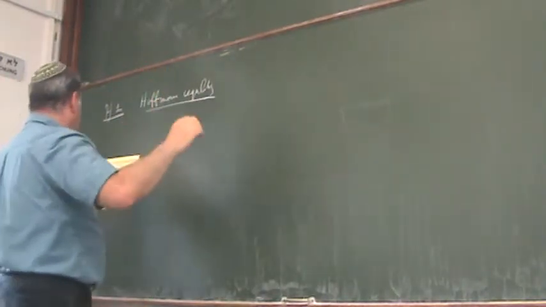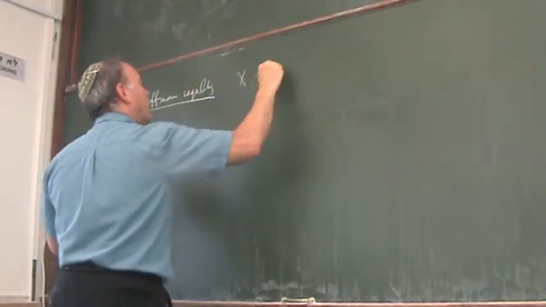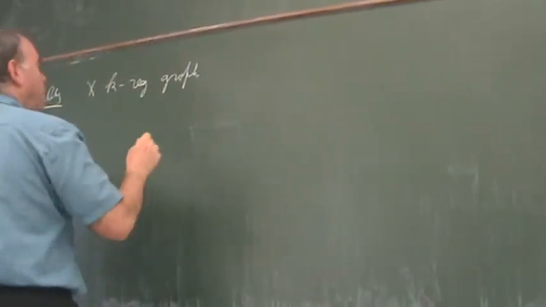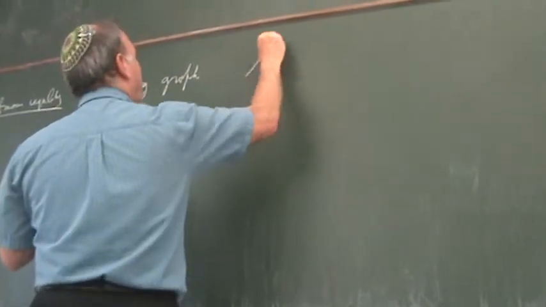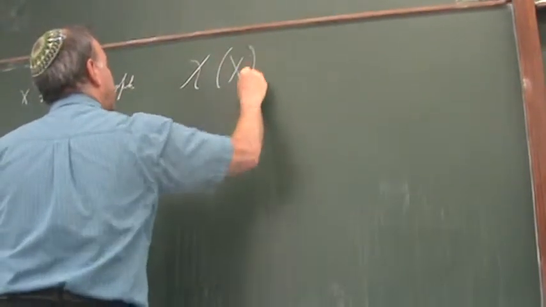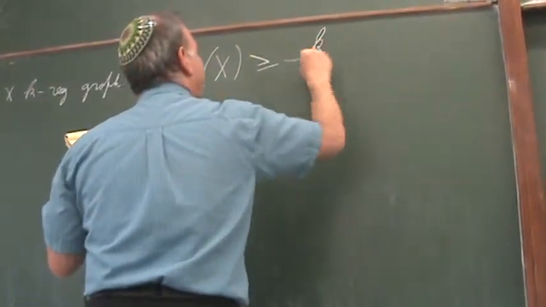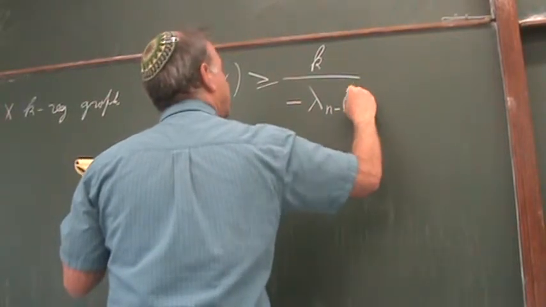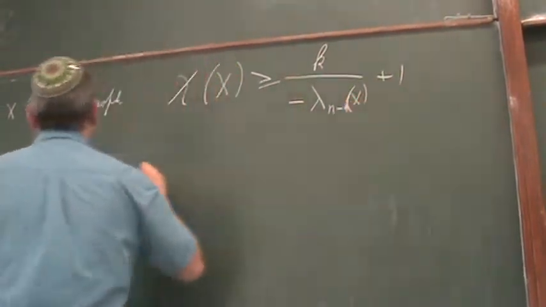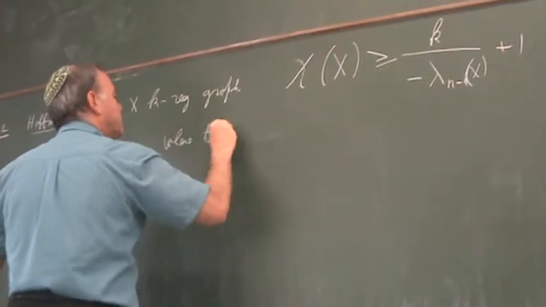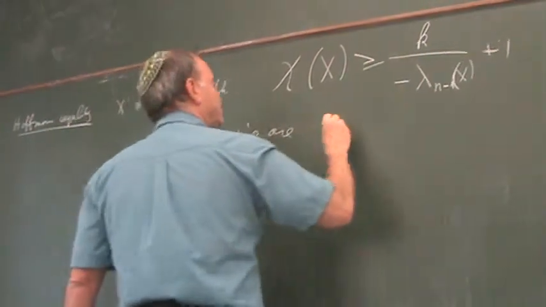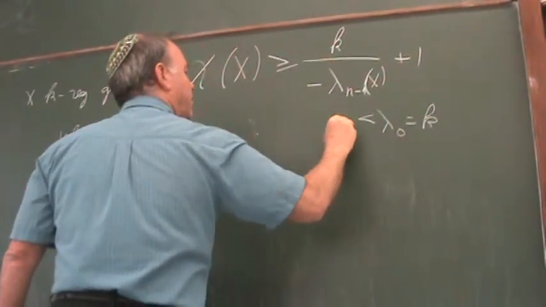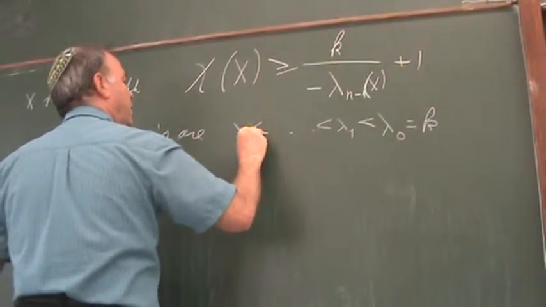I'll just say that in general, if X is a K-regular graph, so you remember that the eigenvalues are between K and minus K, then the chromatic number of X is at least K divided by minus lambda n minus 1 of X, plus 1, where the eigenvalues are lambda 0, which is K, lambda 1, up to lambda n minus 1.